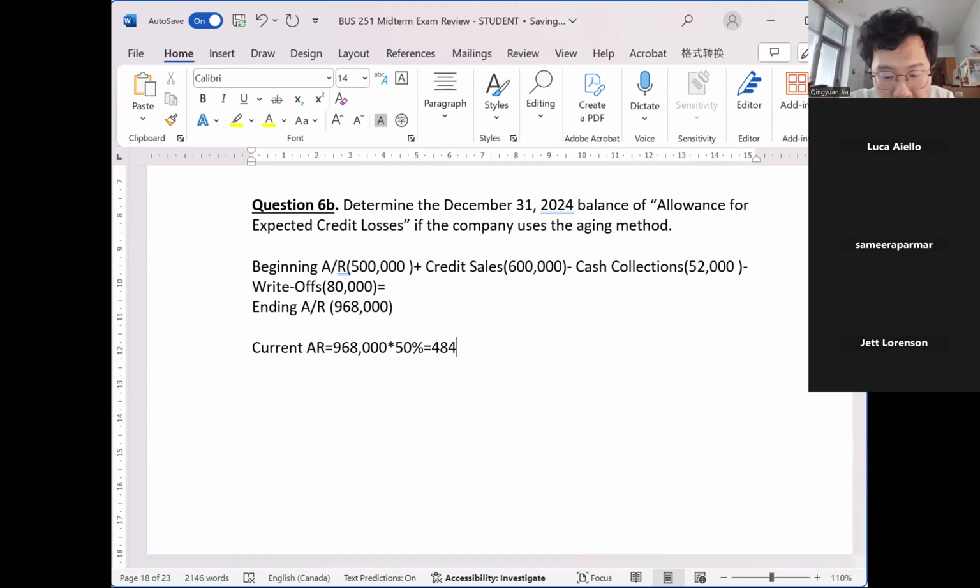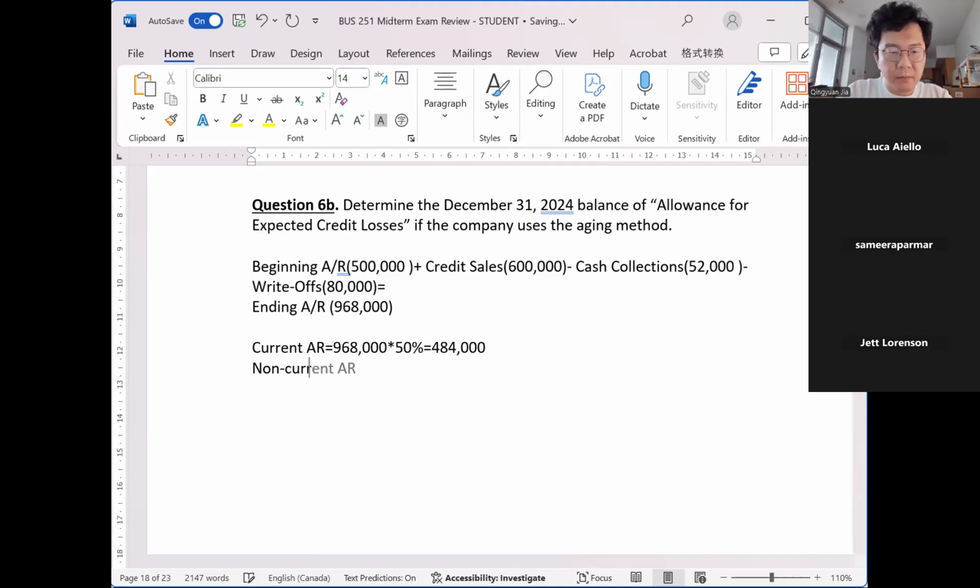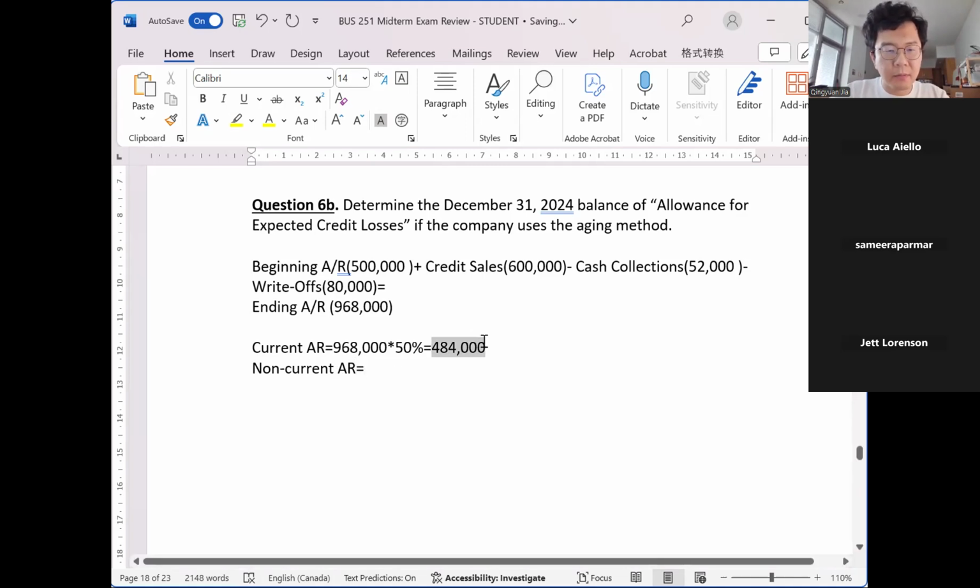I hope this is right. Okay, and non-current. Current AR is the same value, because it's 50 to 50, right?